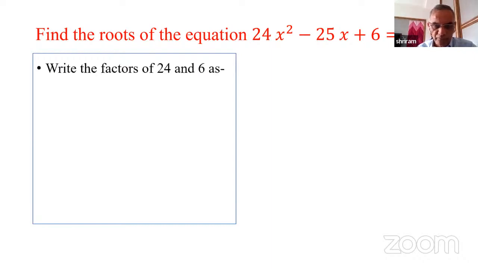I'm sure you have selected the factors of 24 and 6 so as to get minus 25.